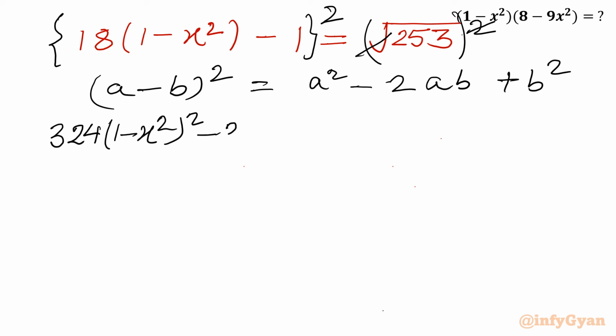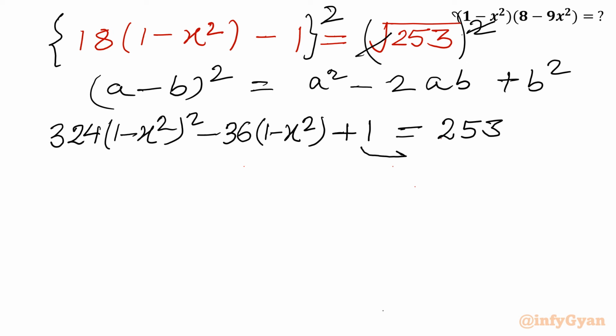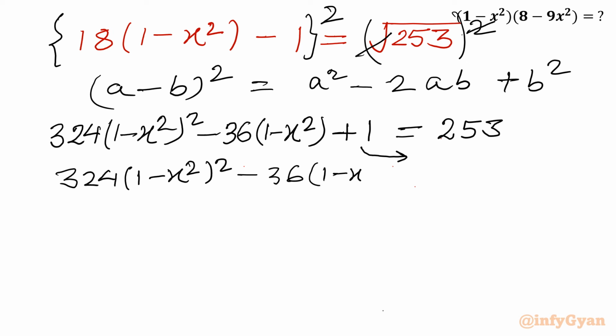Minus 2ab, so minus 36 times (1 minus x square), plus 1 square, which is 1 with a plus sign. And the right hand side is 253. Now I will take this 1 to the right. So I can write 324 (1 minus x square) whole square minus 36 (1 minus x square), and on the right hand side I will be writing 252.